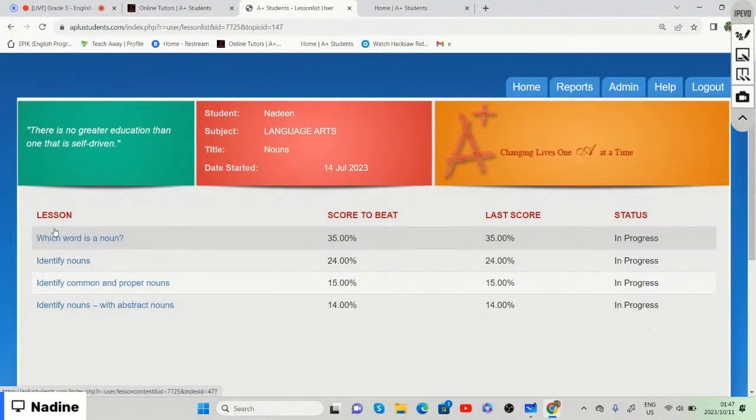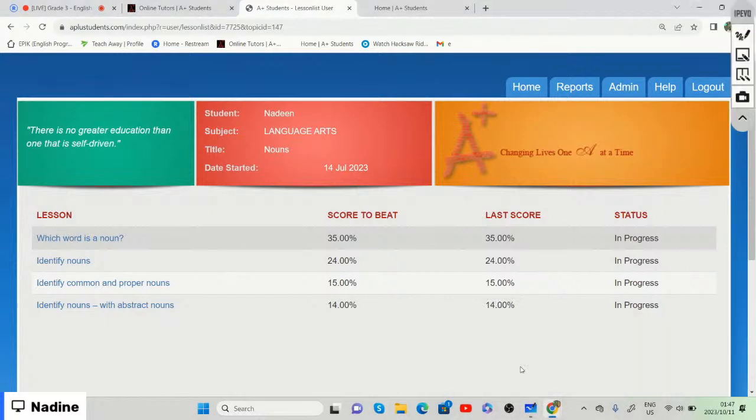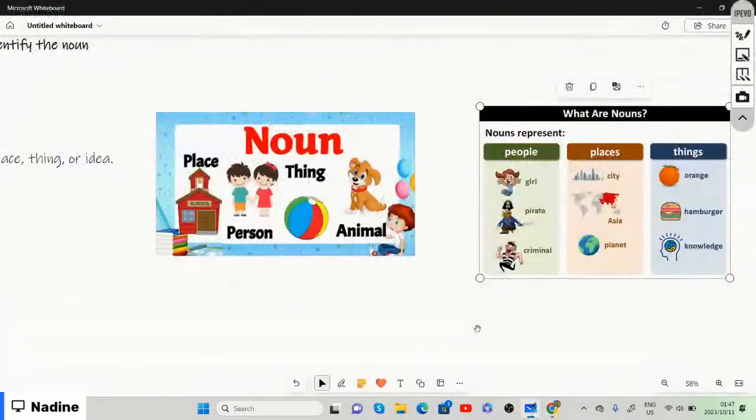Okay, so far we did two lessons: which word is a noun, and how to identify the nouns, in the chapter on nouns. We said that a noun names a person, a thing, an idea, a place.